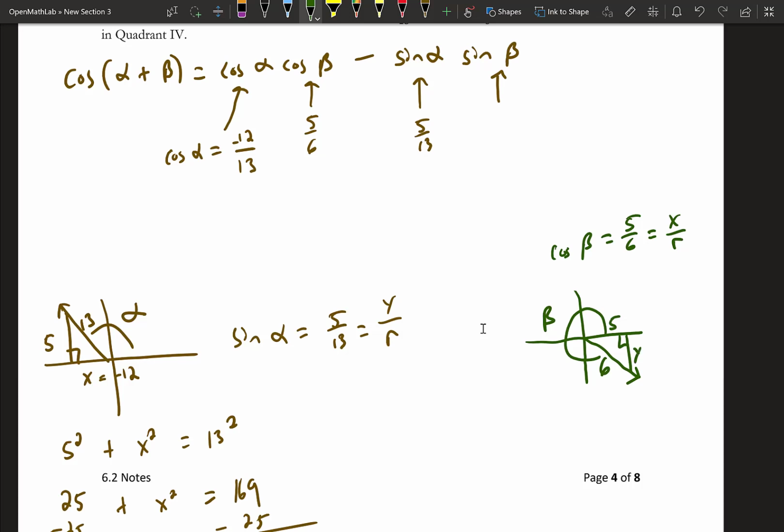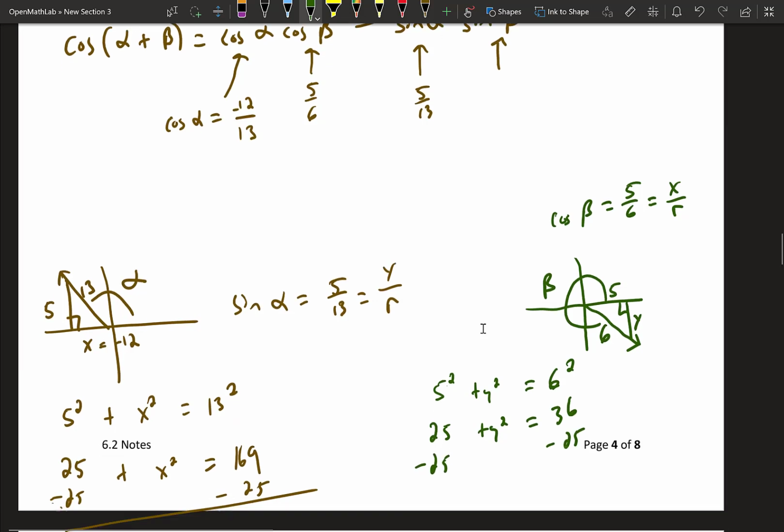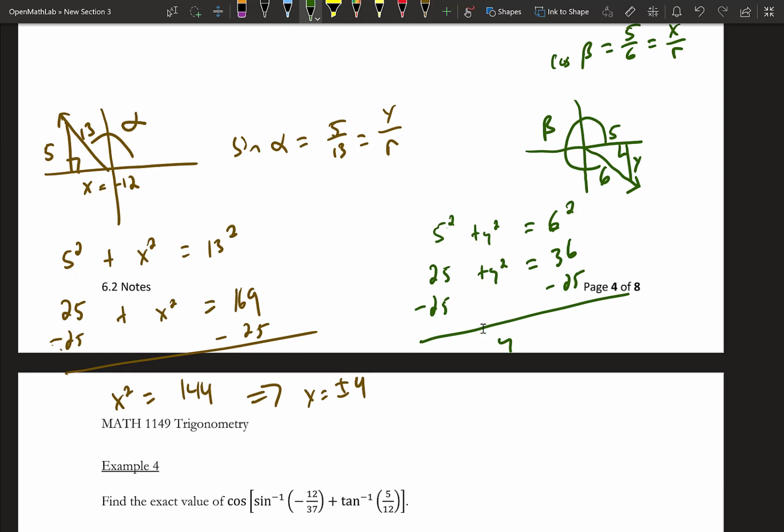If I use the Pythagorean Theorem, we get 5 squared plus y squared equals 6 squared, which gives me 25 plus y squared equals 36. I can subtract 25 from both sides, and I'm left with y squared equals 11, which implies that y equals plus or minus radical 11, right?